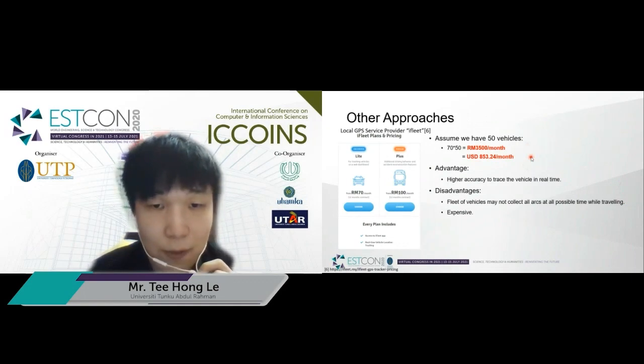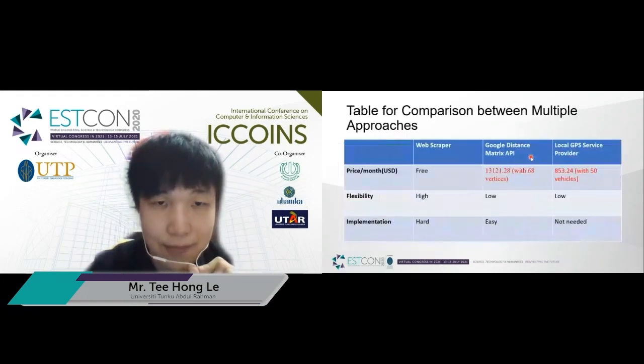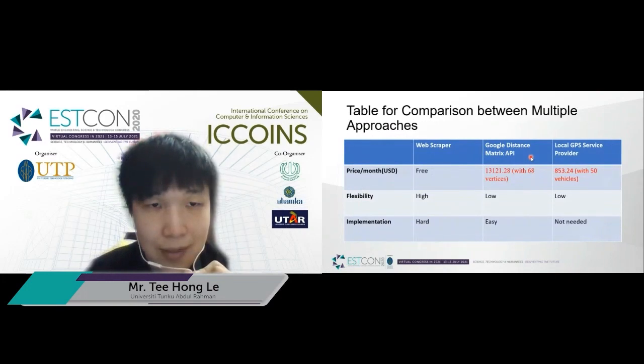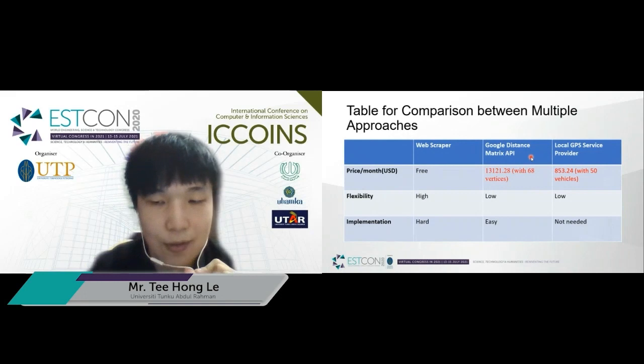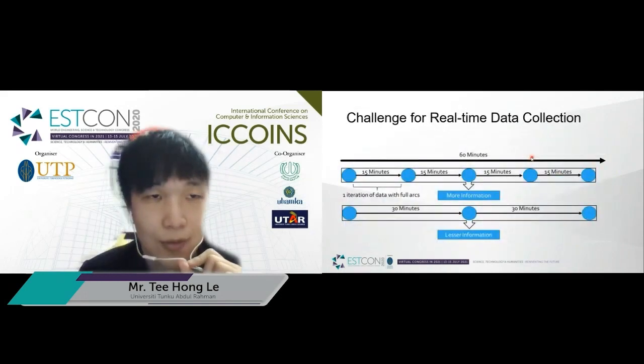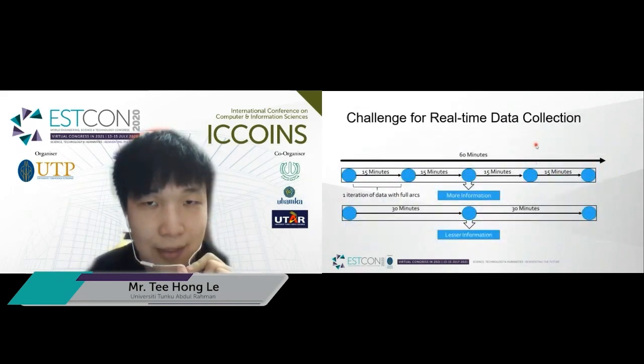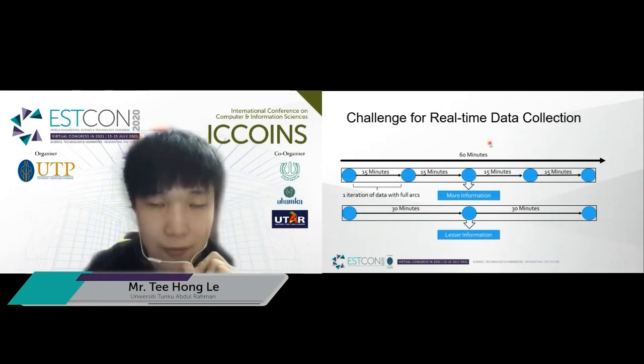However, the fleet of vehicles may not collect all arcs at all possible times while traveling. Hence, it is also expensive. In comparison, developing a web scraper is the most feasible solution in our research. Also, the challenge for real-time data collection is that we need to collect the real-time traffic data as frequently as possible so that we will have more information on the traffic data.